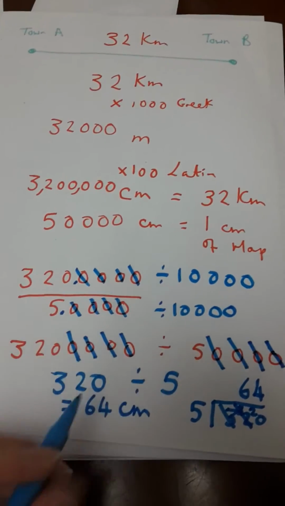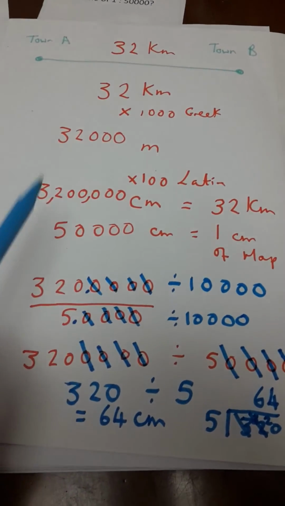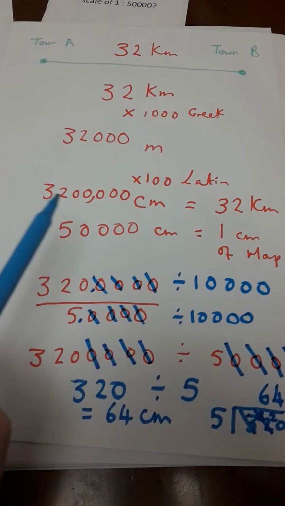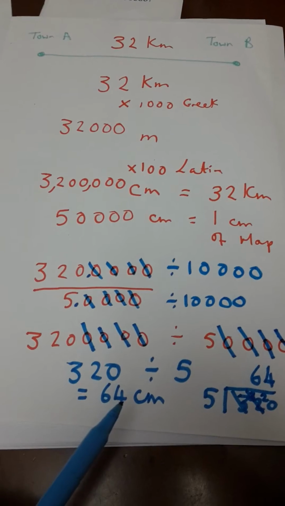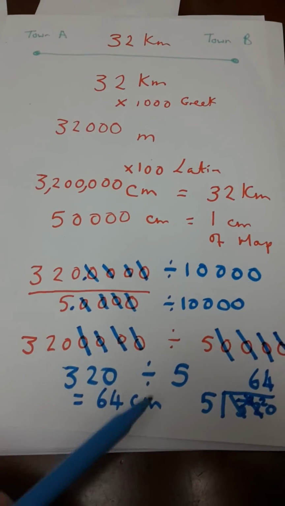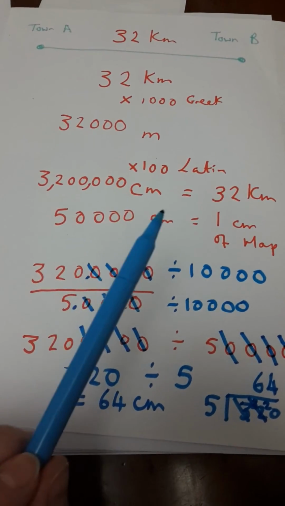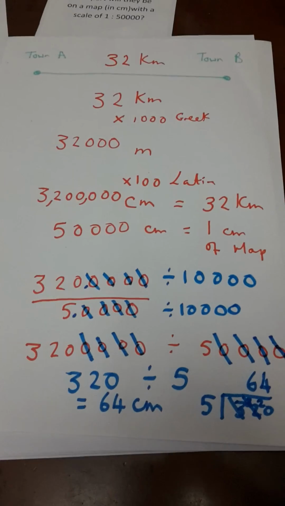So our answer is that this distance of 32 kilometres, which is the same as 3,200,000 centimetres, is shown as 64 centimetres on the map when you have 1 centimetre for every 50,000 centimetres in real life.